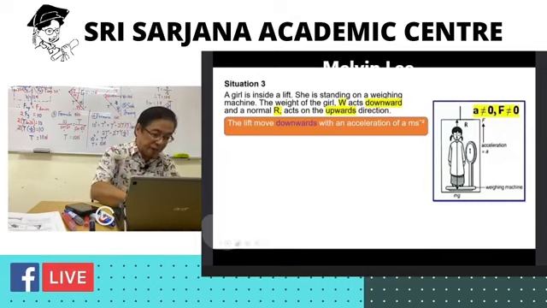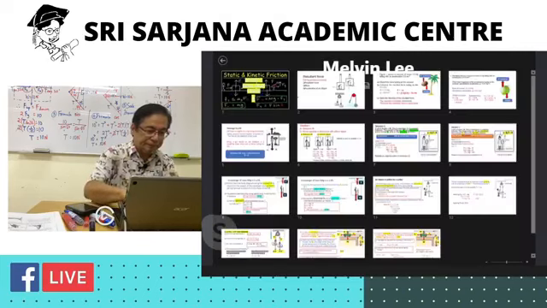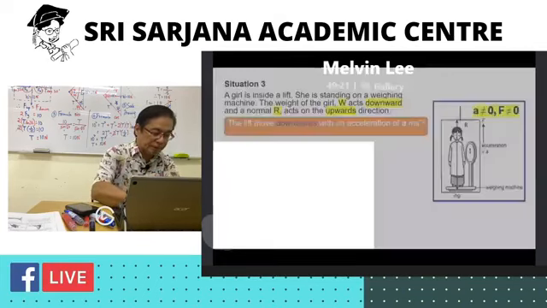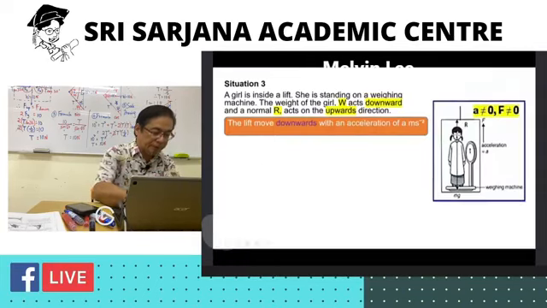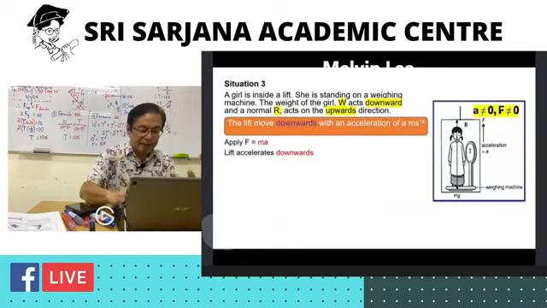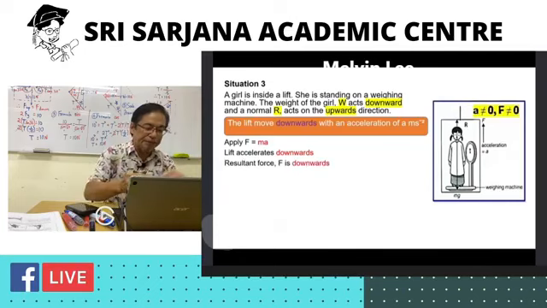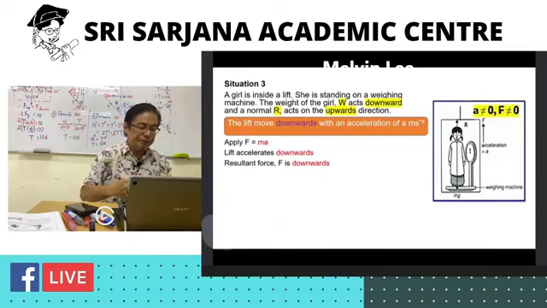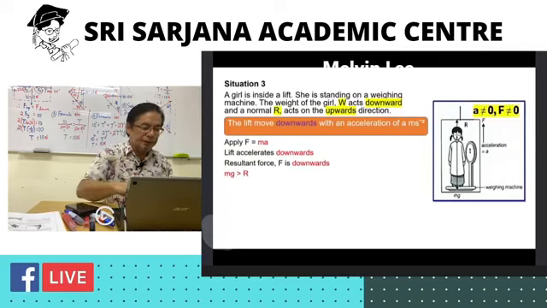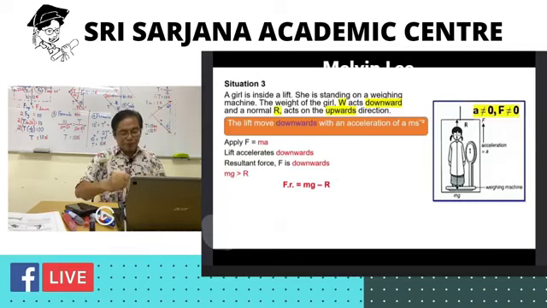Let's take a good look. We know that going down, mg is bigger, so your resultant force is mg minus R. What did I mention just now?